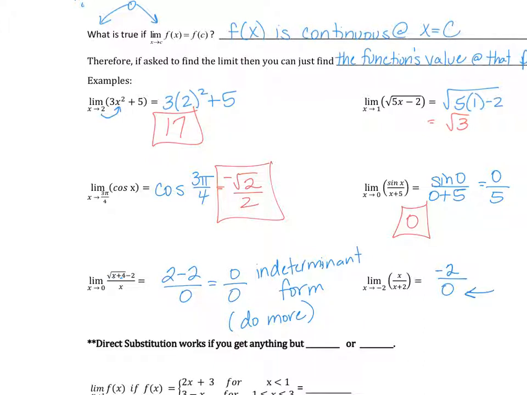When I have 0 in the bottom, of course, that's undefined. So what do I need to do for that? Again, we'll do that another day. So direct sub works if you get anything but 0 over 0, or I'm going to say non-zero over 0, like -2 over 0, 5 over 0, something like that.